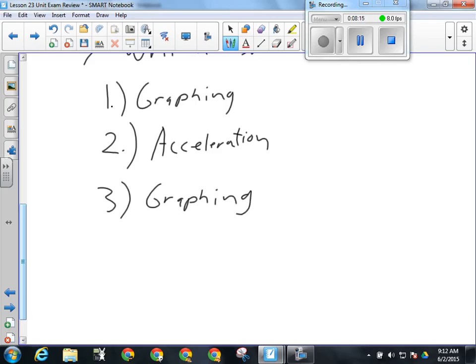Then graphing again. Now, how many types of graphs did we go over? 2. Position versus time and velocity versus time. I guess that probably means there's 1 of each. So expect you're going to have to do the types of calculations we did in class on there.